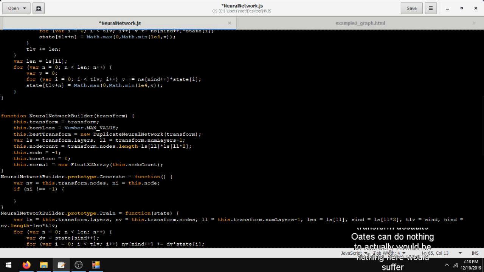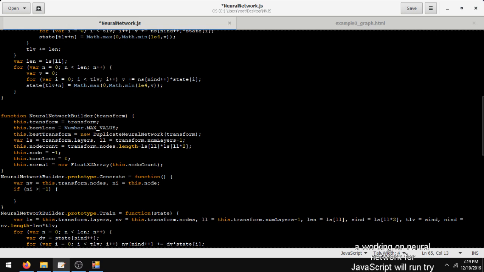Wait, so if it's not -1, if it's bigger than -1, hey Druid BR, I'm working on a neural network for JavaScript. Infinite power.